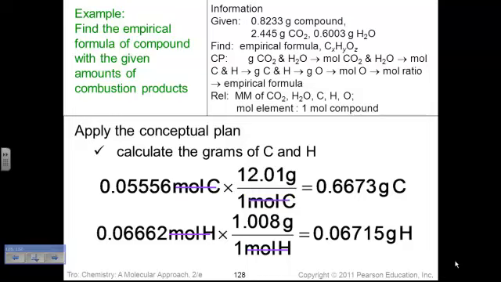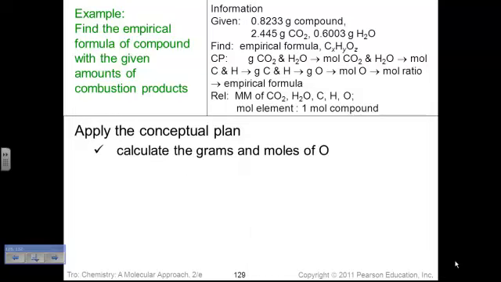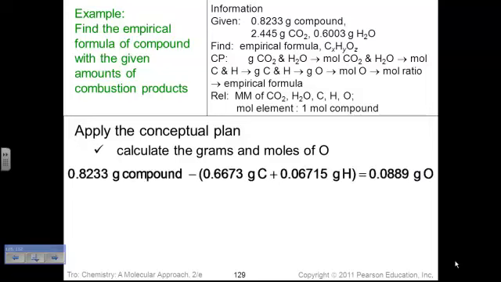Now what else do we know? There's a third element in our compound from the original story problem, oxygen. But that's easy to find. Remember how the given quantity of the compound was 0.8233 grams? We determined the mass of 2 of the 3 elements. The total mass of 0.8233 minus the sum of the 2 parts we know, carbon and hydrogen, leaves us with the 0.0889 grams of oxygen remaining.